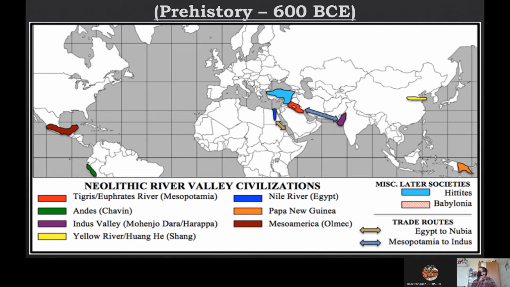The idea of social stratification, social hierarchy, social classes. You see in just about every civilization throughout human history a very strict system of social classes. We still see stuff like that today, okay, but it's much less formalized. There's much more social mobility than there once was.